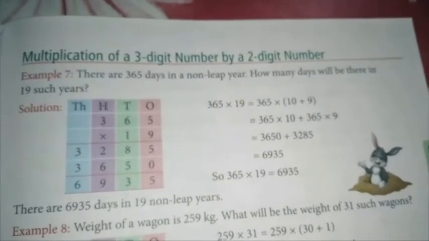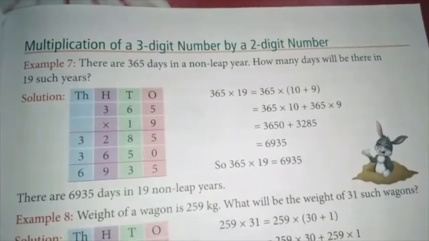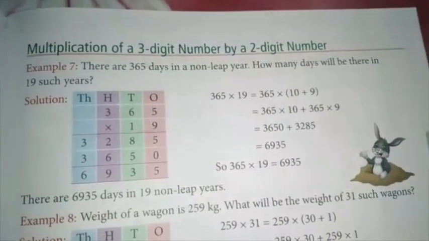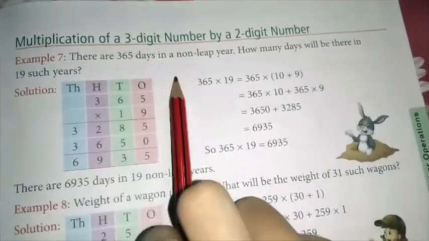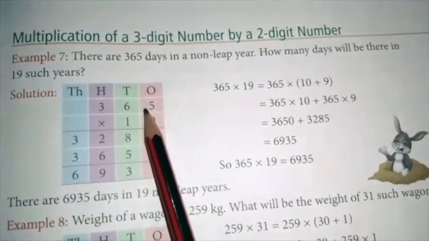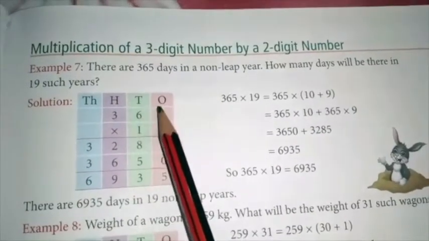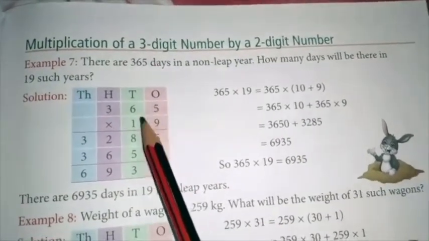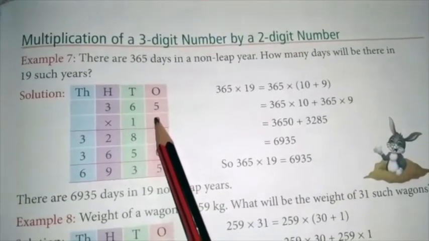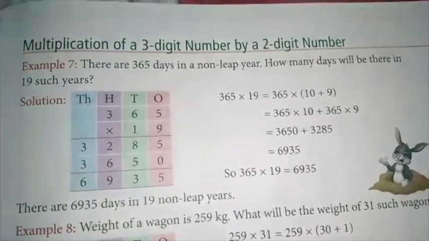So 3-digit numbers will have hundreds, tens and ones, and a 2-digit number will have tens and ones. So you first write the place values: 100, tens, ones. You write the digits in the proper order, like 365 will be 3 in the hundreds place, 6 in the tens place, and 5 in the ones place. And 19 will be 1 in the tens, 9 in the ones place.